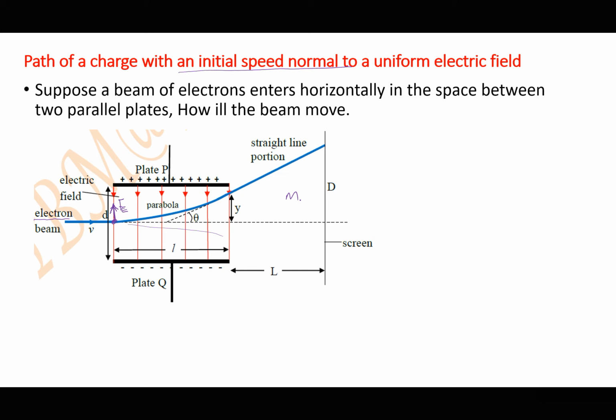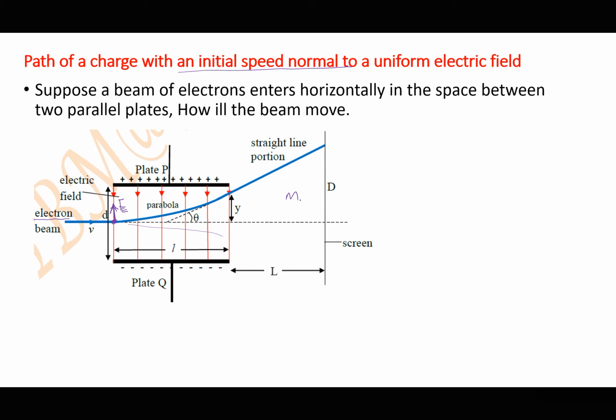That is what we described in projectiles. Because the field is in one direction, acting vertically, just like gravity, when a particle enters horizontally, it experiences a force in the vertical but not in the horizontal. There is no resultant force in the horizontal.